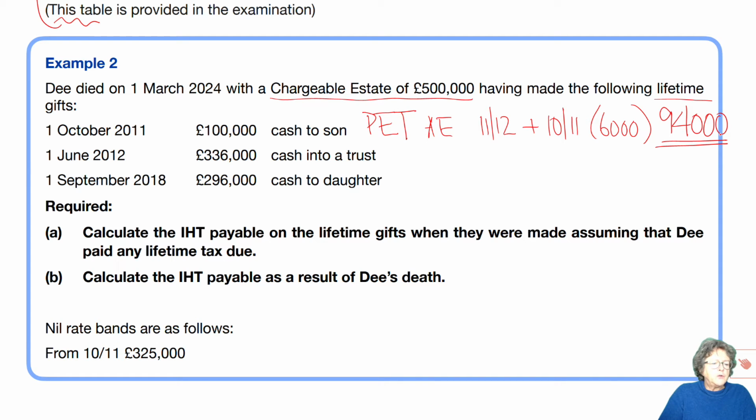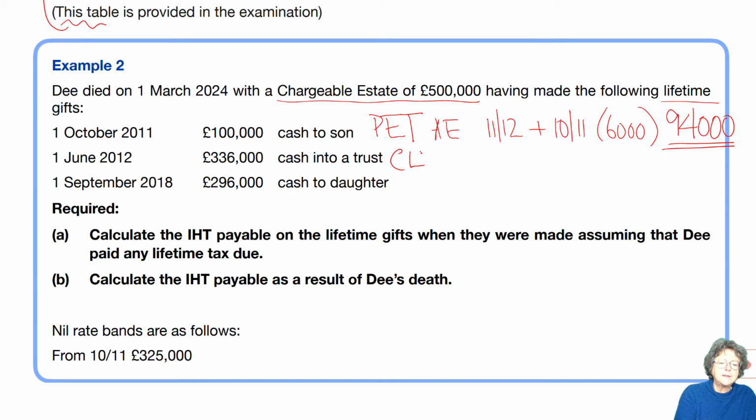On the 1st of June 2012, £336,000 in cash was paid into a trust, that's a CLT. And on the 1st of September 2018, there is a PET. And we're going to deal with those in our answer.